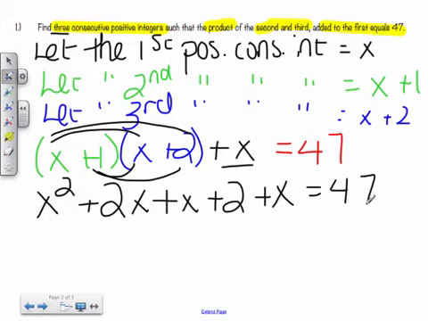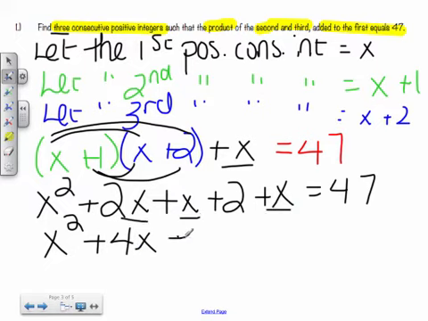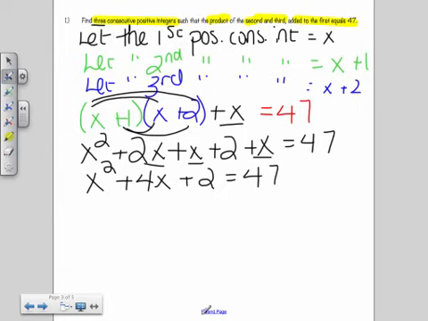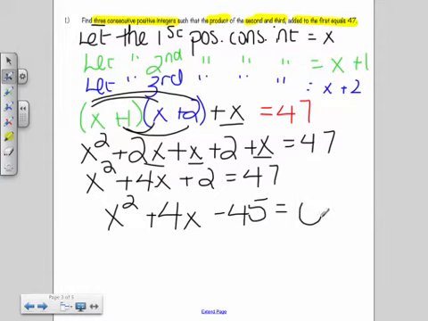So then I'm going to combine all of my like terms, so I end up getting x squared plus 4x, because I combine the 2x, the x, and the x, plus 2 equals 47. Subtract the 47 from both sides, you end up getting x squared plus 4x minus 45 equals 0.